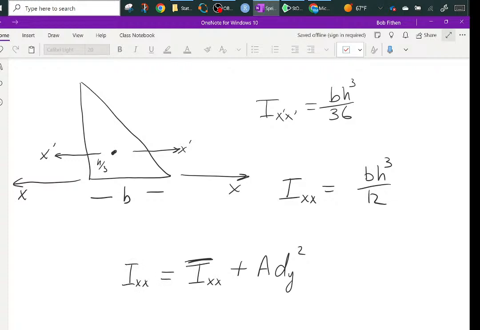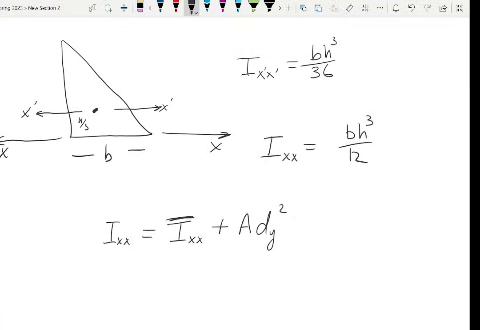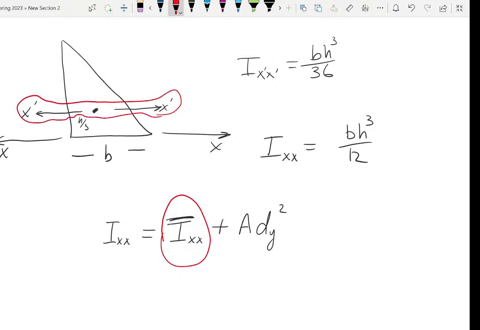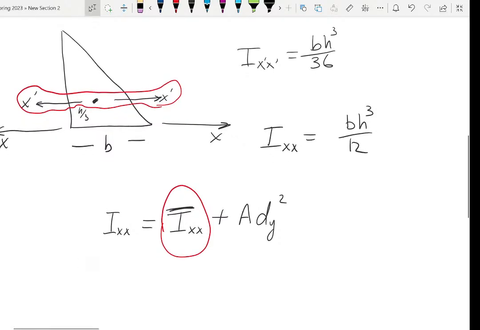So before we go any further, we should recognize that this is a special connotation. That is the second moment of area about its centroid. Whatever the thing is, just so happens this is a triangle. It doesn't have to be a triangle, whatever it happens to be. So we know this.